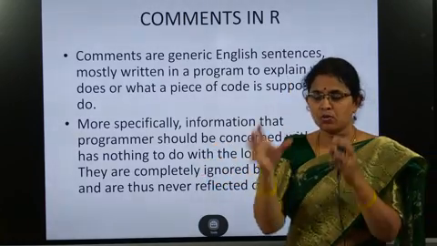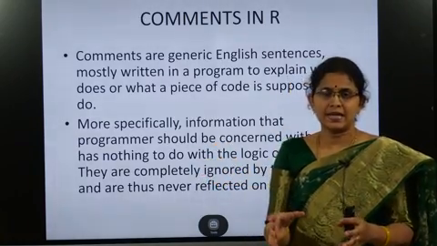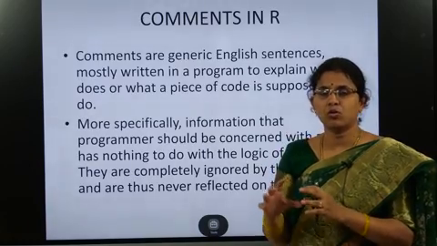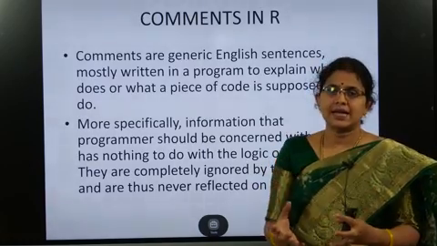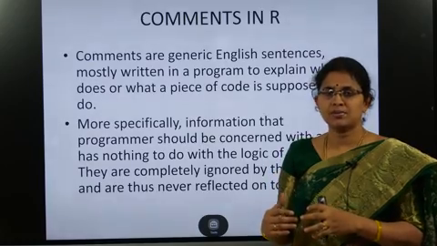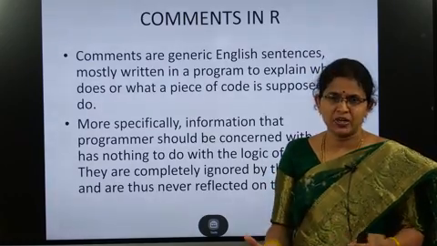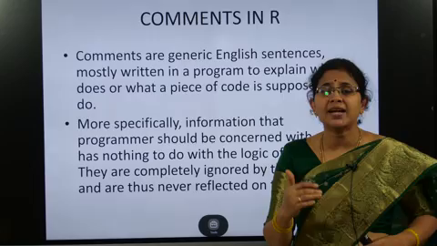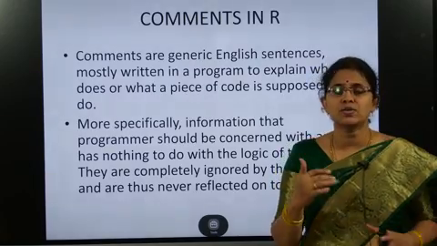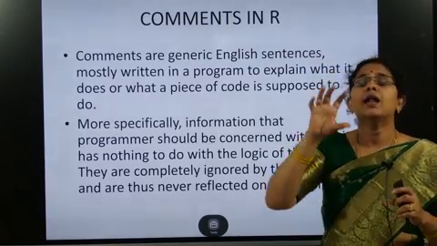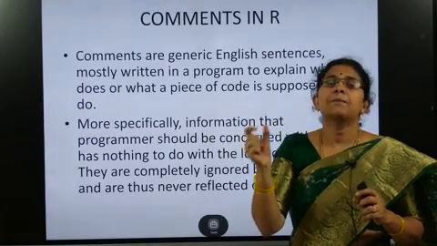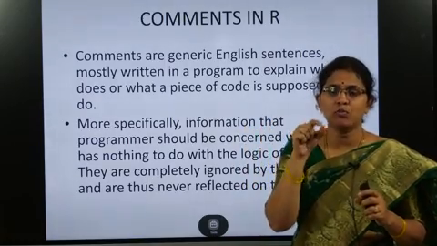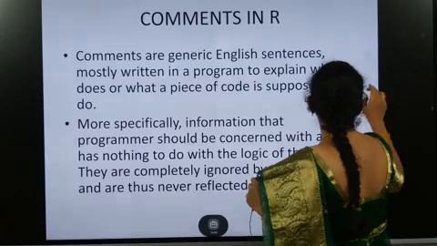Let's say this part of the program belongs to the designing part, and the next part of the code belongs to the specification. Like that, you can divide the program or code into subtypes and label it with comments by specifying the hash symbol. What do you mean by hash symbol again?